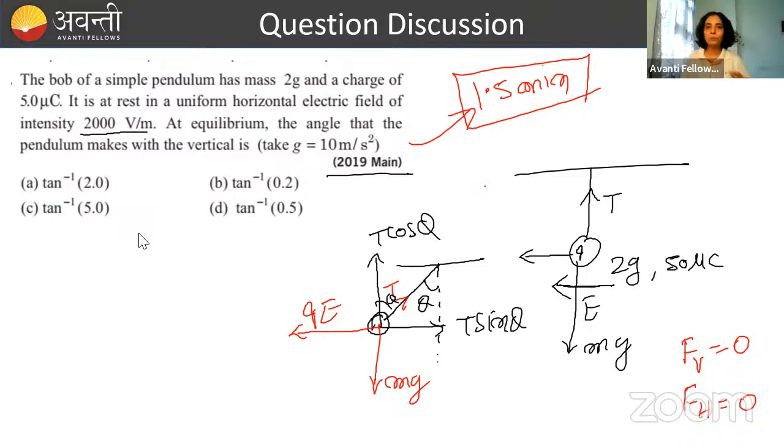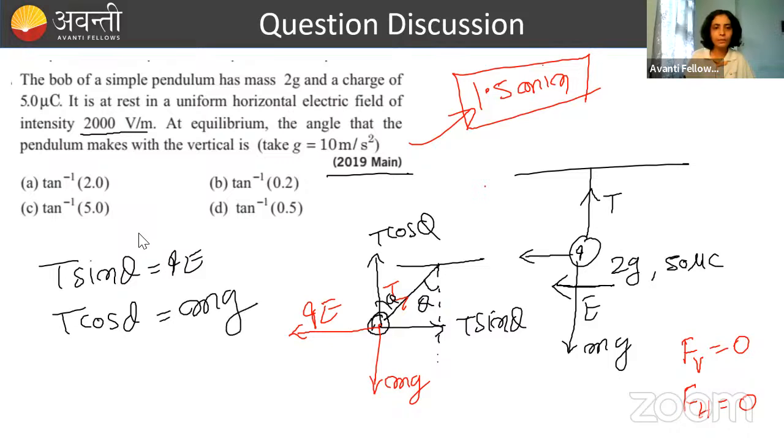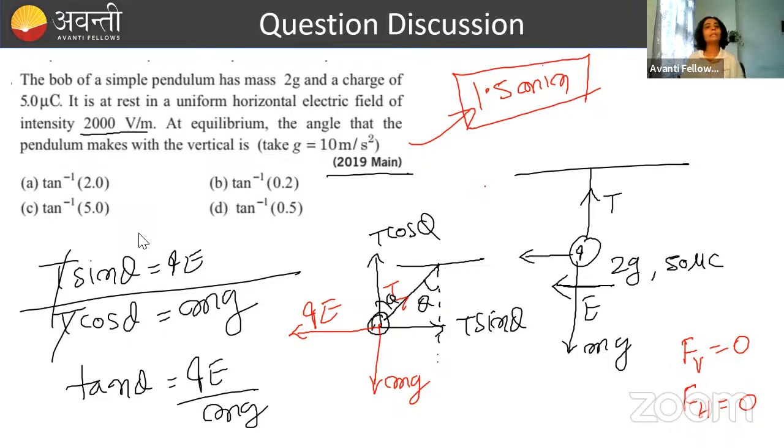Horizontal force is 0, so T sin theta should be equal to QE and T cos theta should be equal to mg. You need to calculate theta, so divide the two, T cancels. Tan theta will be equal to QE by mg. Now put the values and you will get the answer. So the answer will be D.